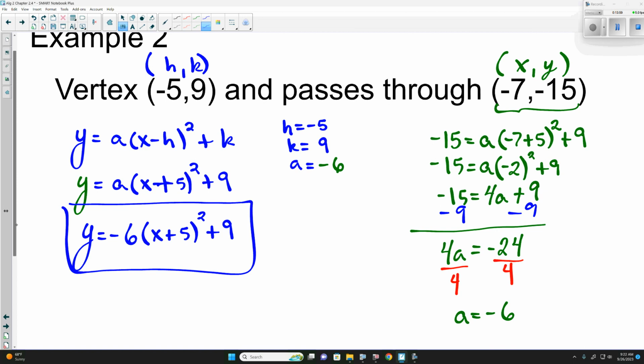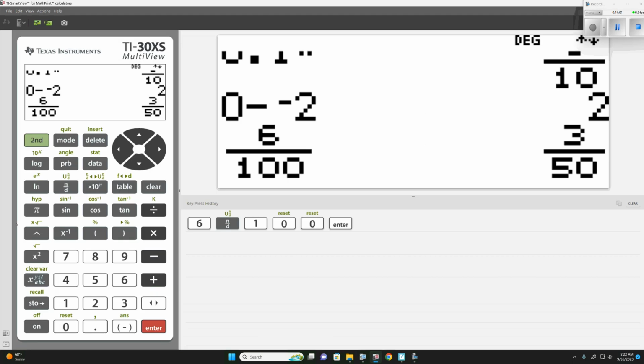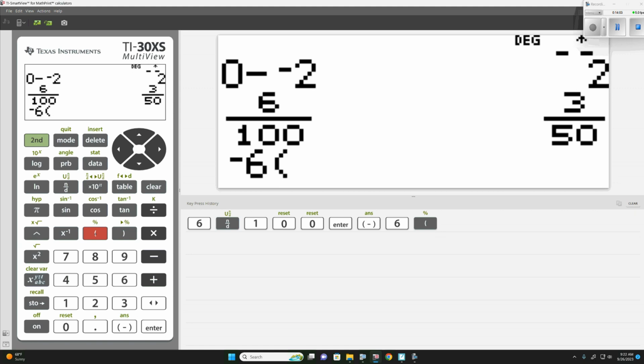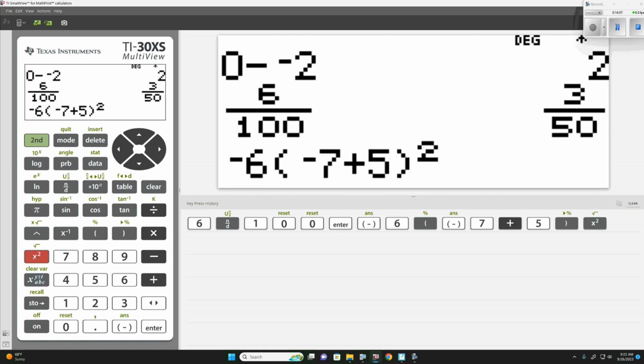So what I could do, we could do this in a calculator, is I can say -6 parentheses, -7 plus 5 squared plus 9. This is the exact same equation we had, yes? But instead of putting the x value, I plug it in as -7. And I could hit enter, and we get that's the value we're supposed to get, yes?